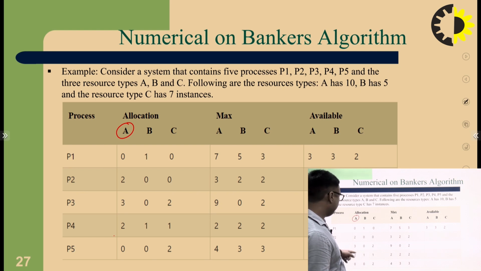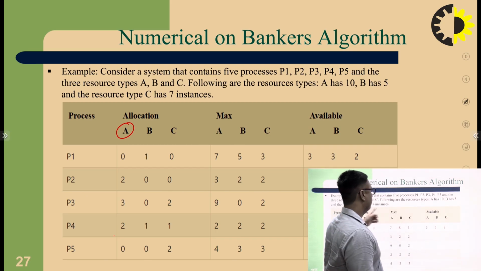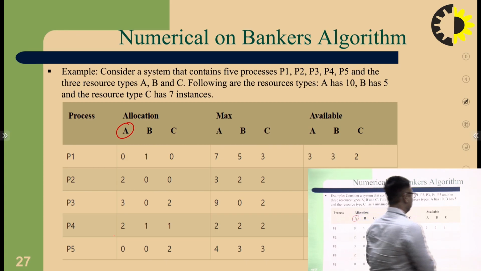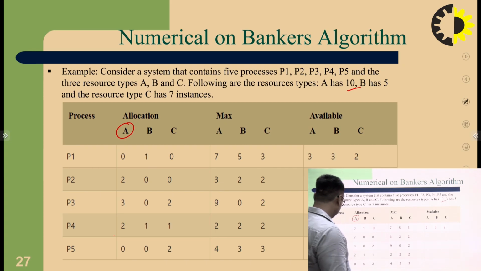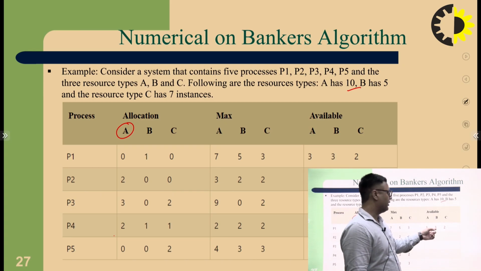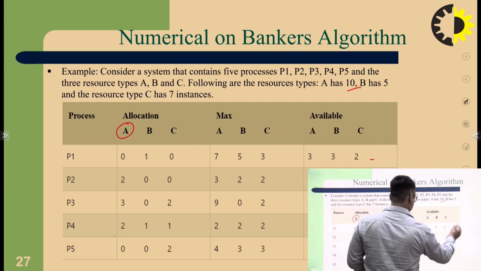That means 7 resources of A are allocated to different processes and availability is 3, because the total value is 10. For B, the total is 5, so 3 resources are available. For C, 2 resources are available. In this way, first you find the availability.